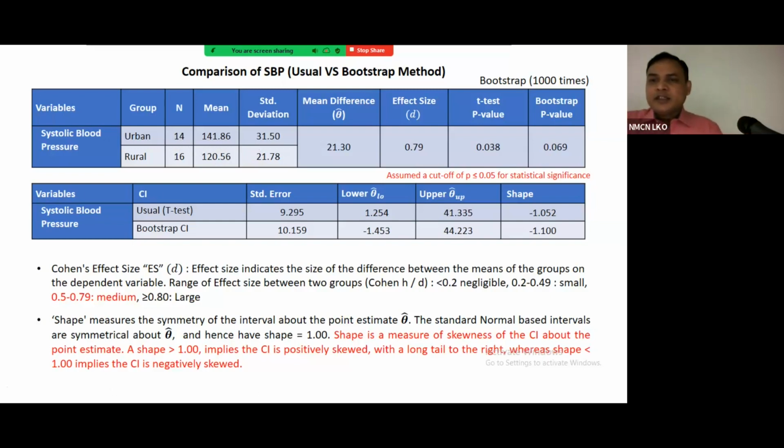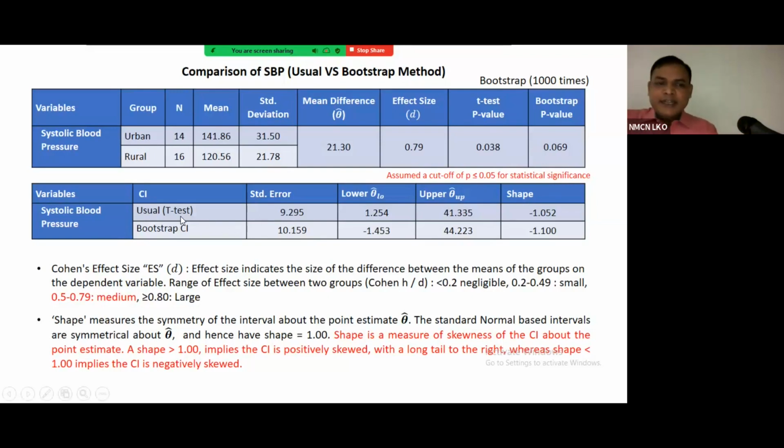We found that the parametric method suggests that there is a significant difference between the rural and urban. But when we measure this p-value through the bootstrap technique, we found that the bootstrap p-value suggests that the mean difference is not significant between these two groups.